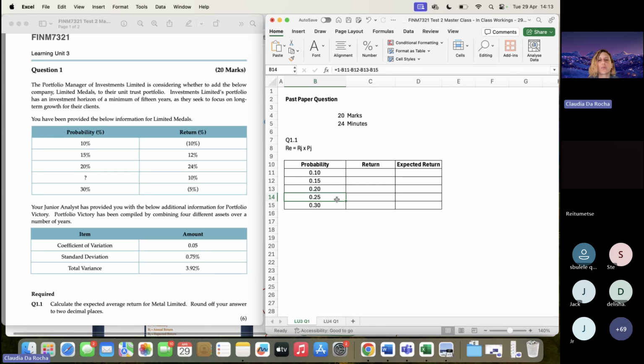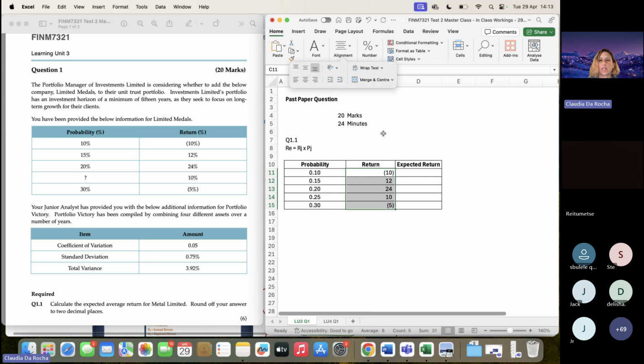So we must always make sure that our probabilities add up to 1 or 100. And that's how I calculated the 0.25. And then our returns, I tend to leave them as whole numbers, because then I can calculate.